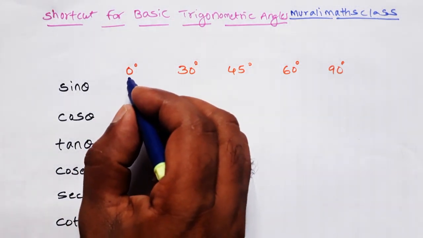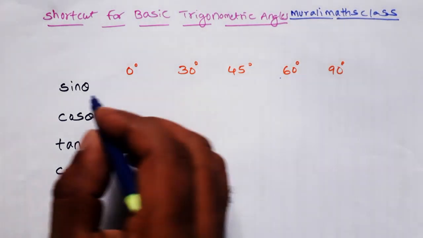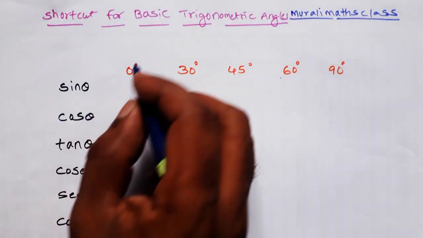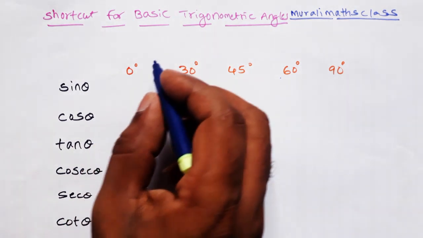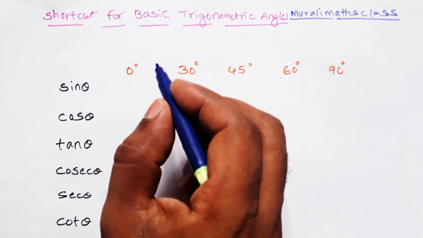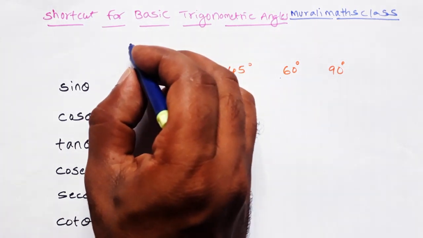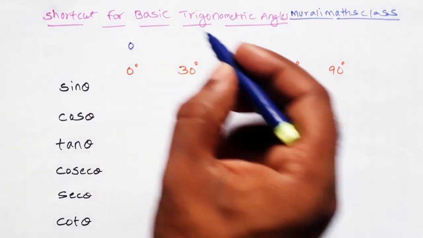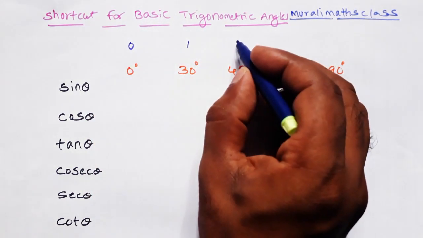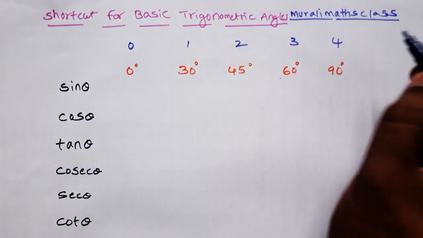0 degrees, 30, 45, 60, 90. These values we have to write for sine. So for that what do we have to do? Here I will write whole numbers starting with 0. Write whole numbers 0, 1, 2, 3, 4.